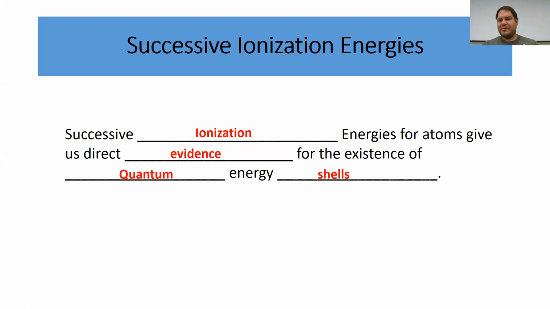Now, what's cool about successive ionization is that it gives us direct evidence for the existence of quantum energy shells or energy levels, okay? And so what we're going to do is look at the data here and see this evidence and where it lies. And you need to be able to point out how successive ionizations give evidence to electron shells or energy levels, okay?